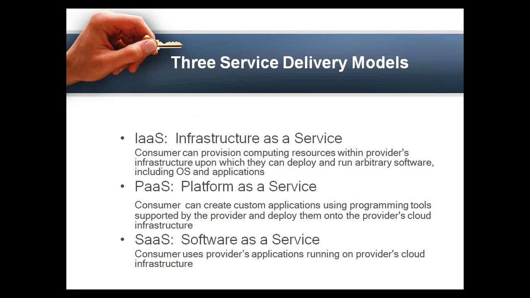Infrastructure as a service: the consumer can provision computing resources within the provider's infrastructure upon which they can deploy and run arbitrary software including OS and application. Platform as a service: the consumer can create custom applications using programming tools supported by the provider and deploy them onto the provider's cloud infrastructure. Software as a service: the consumer uses the provider's application running on the provider's cloud infrastructure.